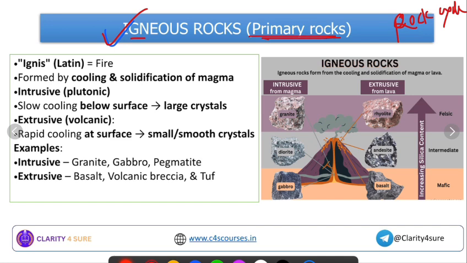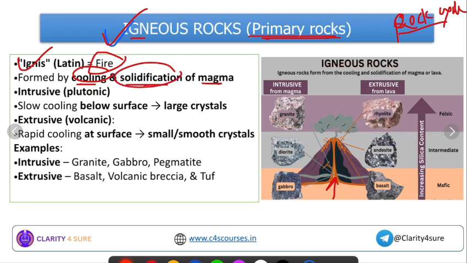It is a primary rock because it is the first step of the rock cycle, and it is made up of the lava or magma from the earth's inner part. Ignis is the Latin word which means fire, and it is formed by cooling and consolidation of magma.